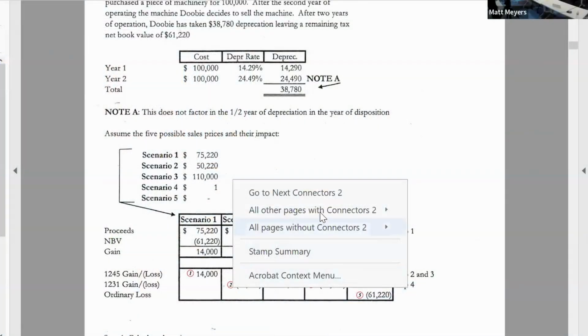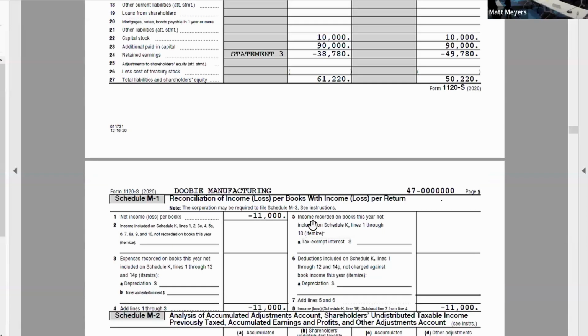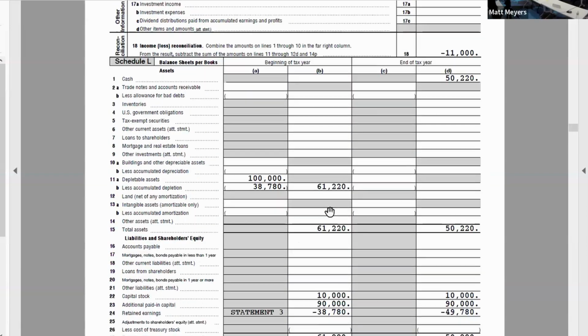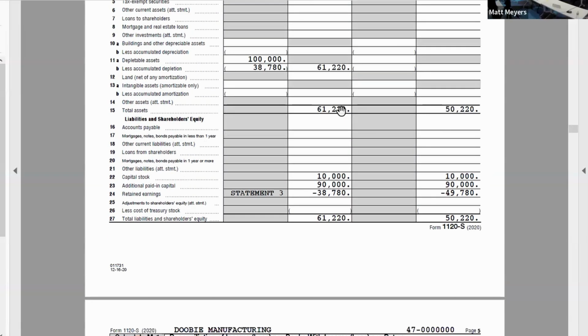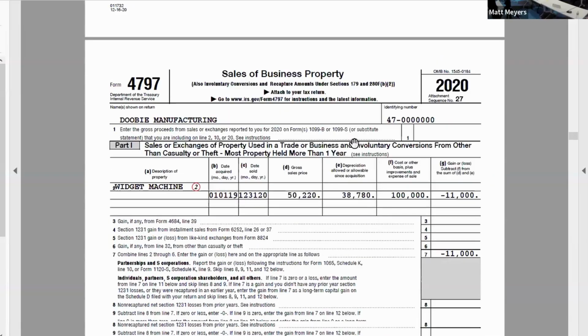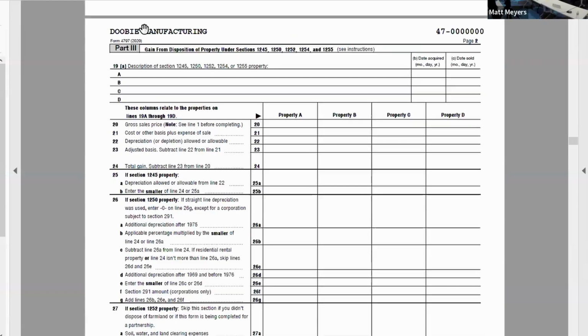we go to 2. Here's the same balance sheet, right? We have 50,000 of proceeds the same way we had it before. There's nothing over here, because this is gains from, not gains and losses.